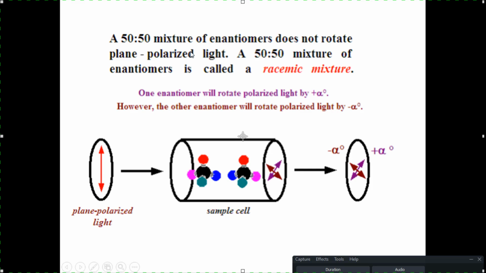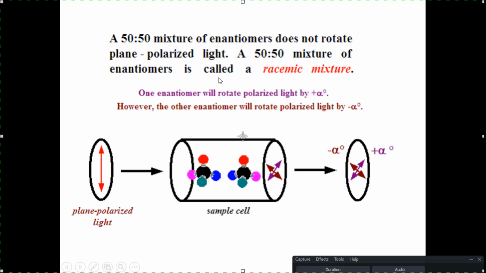So what Pasteur found was, one of the crystals that he found on the cork of the wine was called racemic acid, and it had a mirror plane of symmetry in the crystal, and it basically didn't rotate plane polarized light at all.